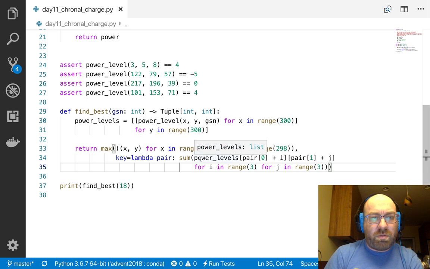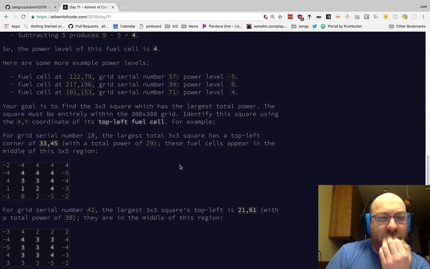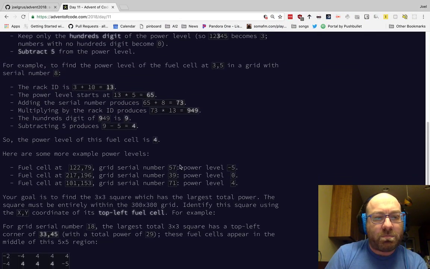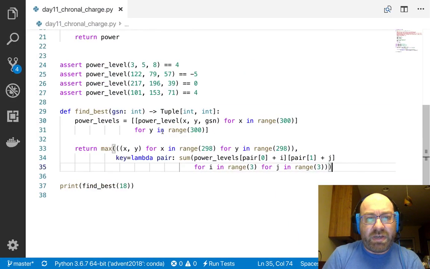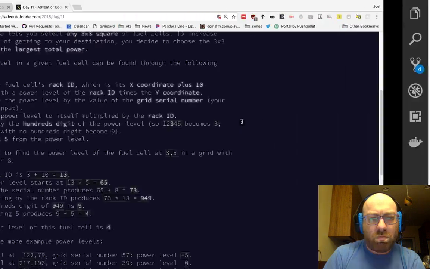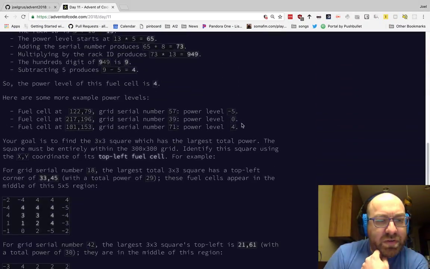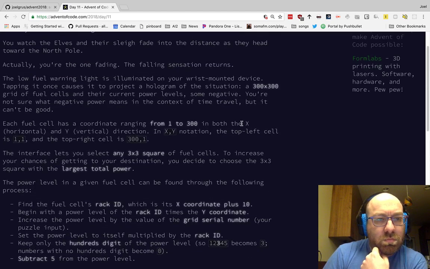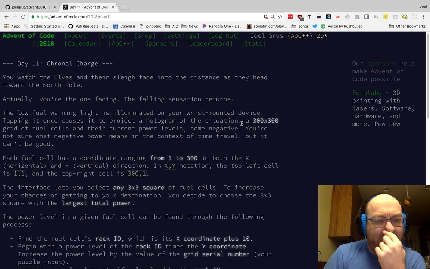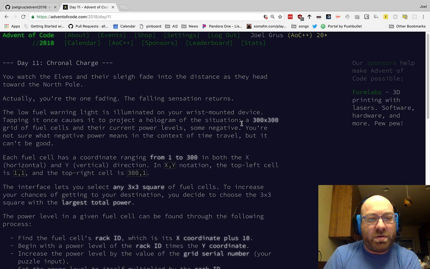So let me think about how I want to do that. Because x is, let me see how they're calling this. X horizontal, the top left cell and the top right cell is 301.